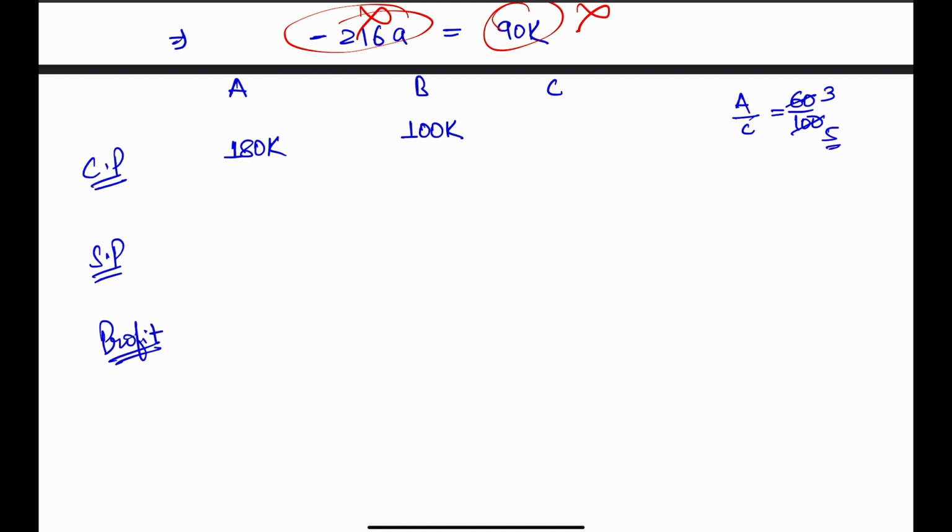If 3 is equal to 180, my C will be 300, because if 3x is 180, my x is 60K, so my C will be this value.